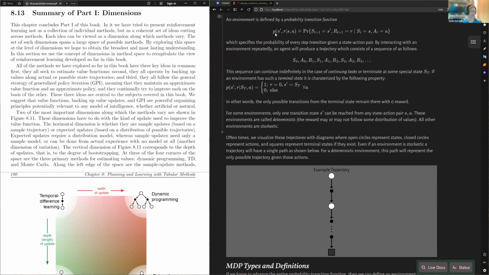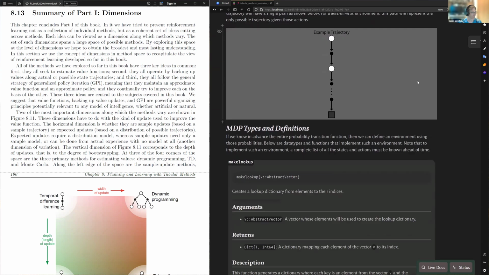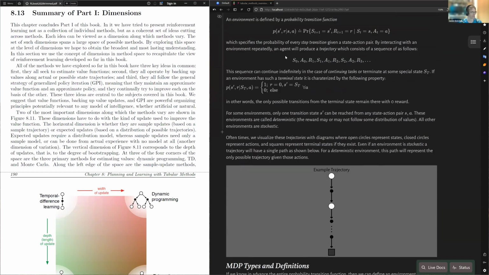So even for part two of the book, this is still how these Markov decision processes are defined. The Markov property is that you only need the state action pair to understand what happens. There's no additional information. But there could be hidden information, which would manifest itself in different random probabilities here. In general, this function will determine everything.